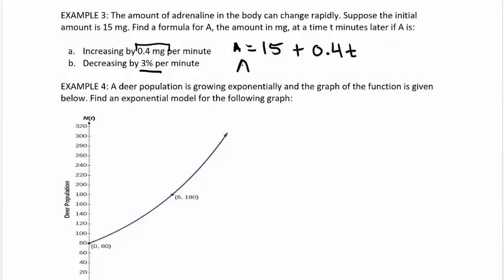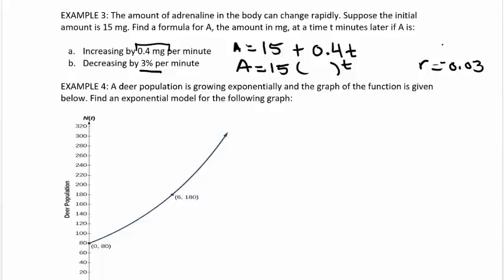So a couple things here. We're still starting with the 15 milligrams, so that's going to multiply our A. And we know that we have a number raised to the T. So that number is really important. We're decreasing by 3%. So my R here is 0.03, but since I am decreasing by 3%, that means my R is negative 0.03.